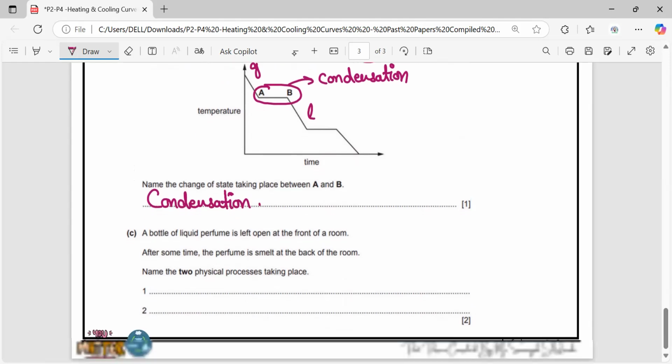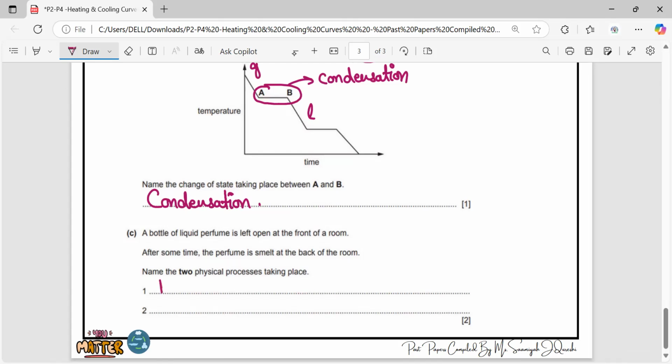Okay. Now this question is not related to the heating and cooling curves, but it's just a common sense question. And it's also included in this chapter, which is diffusion. Like when you open a bottle of liquid perfume, it's left open at the front of the room. After some time, the perfume is smelled at the back of the room. Name the two physical processes taking place.